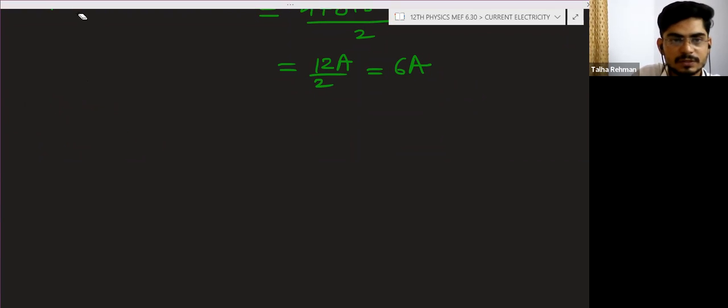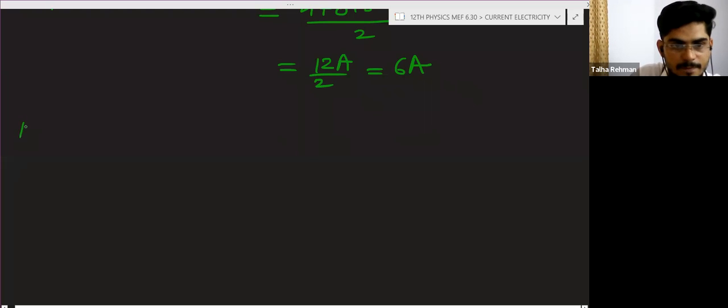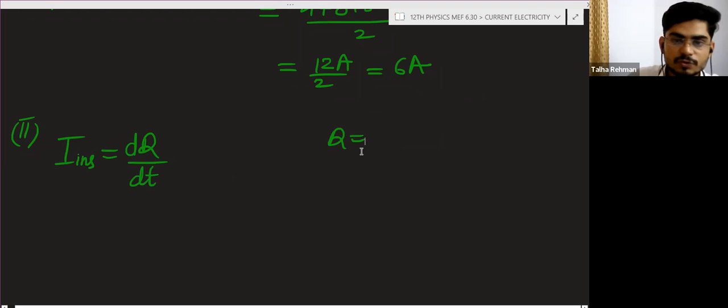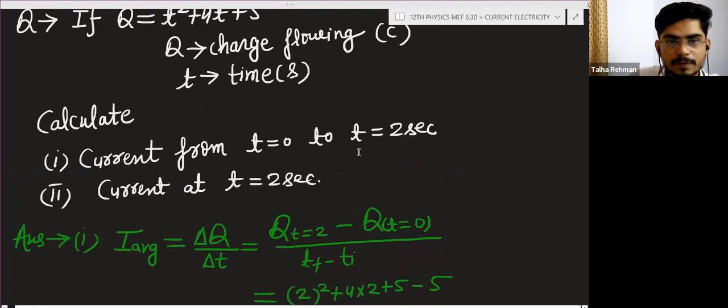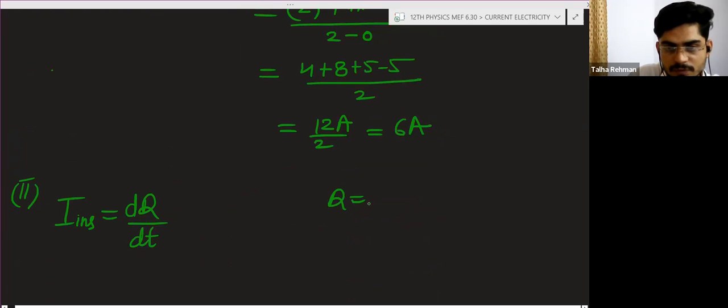We have the formula of instantaneous current as dq by dt. And what is the value of q? Q is t square plus 4t plus 5.